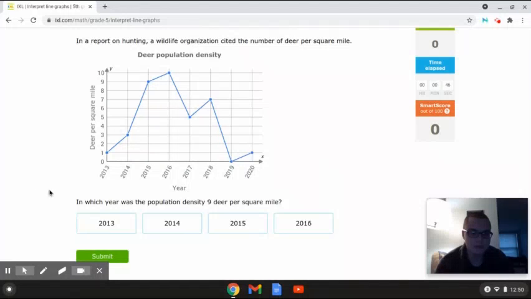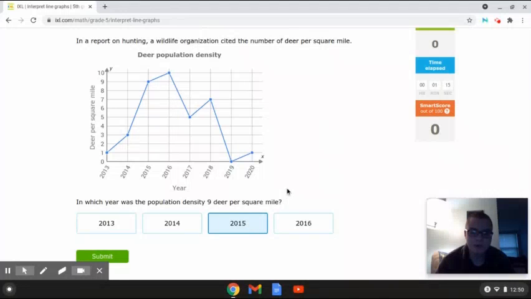And the answer choices are 2013, 2014, 2015, or 2016. In 2013, it was 1 deer per square mile, so it can't be that. In 2014, it was 3 deer per square mile, so it can't be that. In 2015, it was 9 deer per square mile, and in 2016, it was 10 deer per square mile, so it can't be that. Therefore, it has to be 2015.